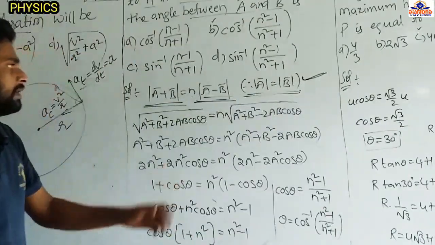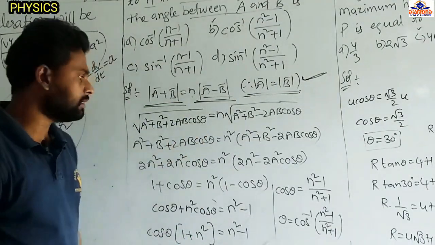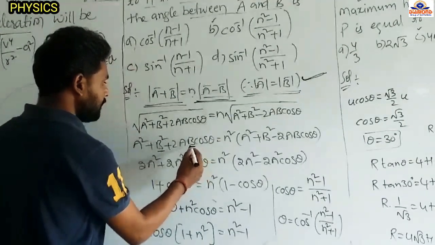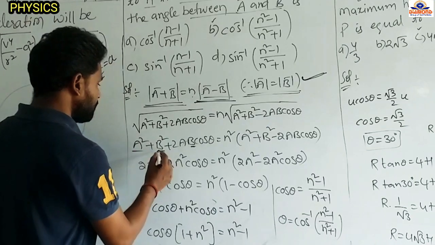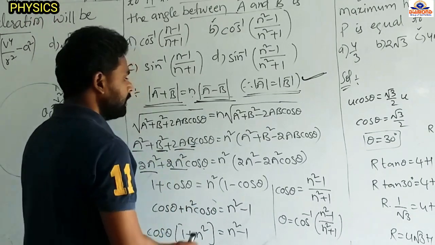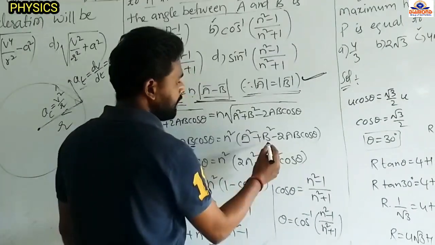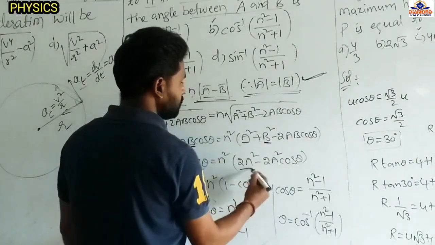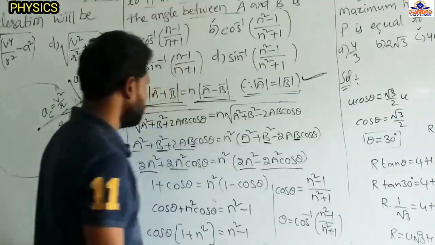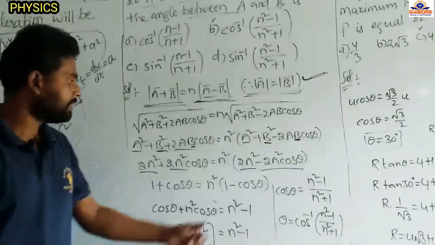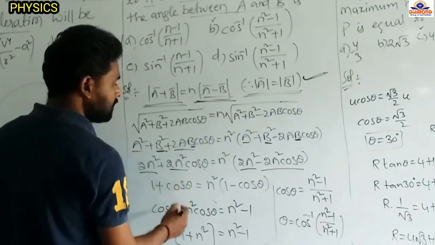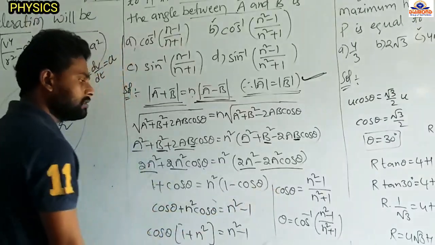So in place of b I am writing a. Substituting b as a, a square plus a square is 2a square, and a into a is a square, so 2a square into cos theta, equal to n square into a square plus a square, 2a square, minus a into a, so 2a square into cos theta. Here 2a square is common, cancel out on left and right side, remaining terms: 1 plus cos theta equal to n square into 1 minus cos theta.